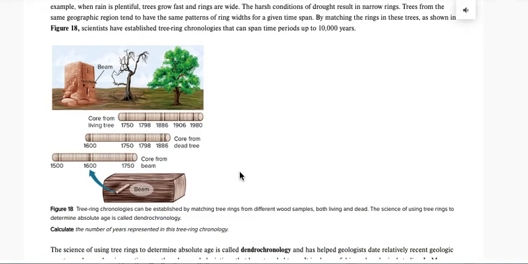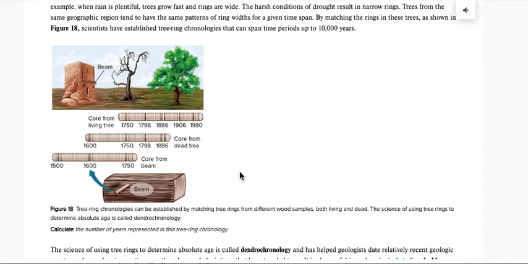Scientists also use tree rings to tell how old things are. Scientists can go in and take a core of a tree and pull it out. The way that they do it doesn't really harm the tree too much. The tree can generally heal over.